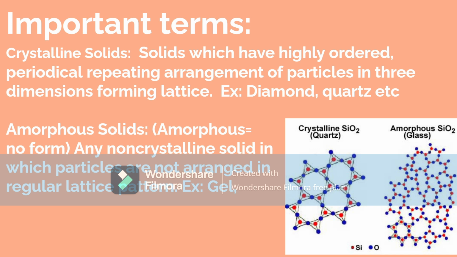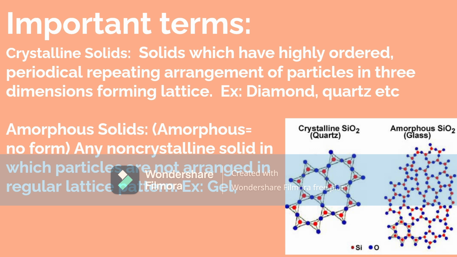Next come the amorphous solids. What do you mean by amorphous? Amorphous means no form. In Greek, amorphous means no form. Any non-crystalline solid, in which particles are not arranged in a regular lattice pattern, comes under amorphous solids.